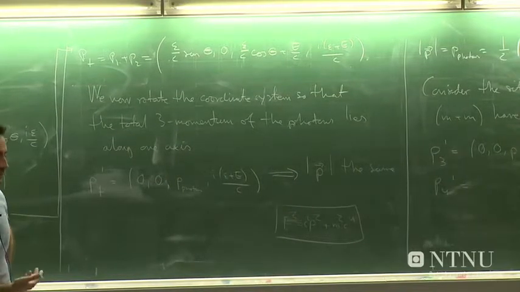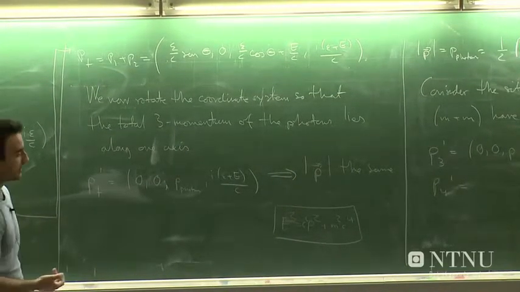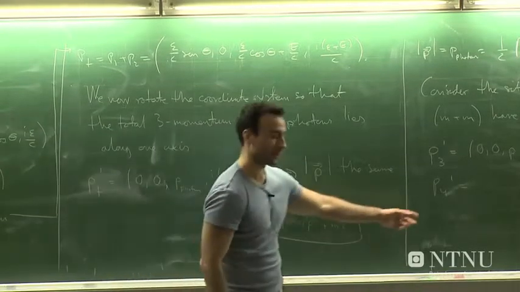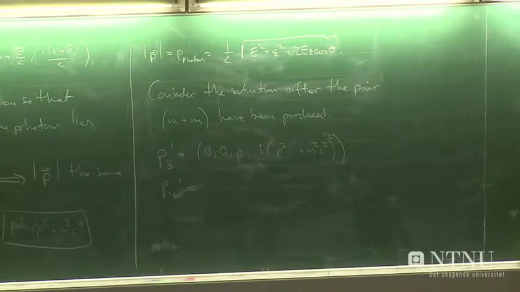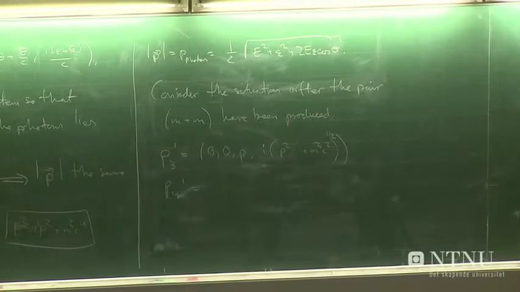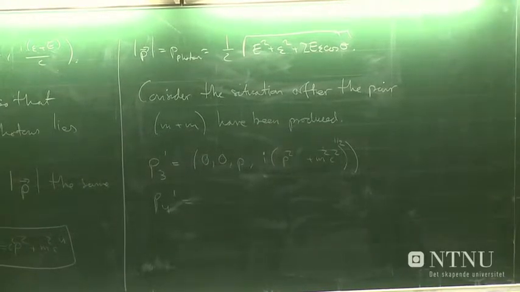So what's the 4 momentum of the second particle, described by P4 prime? So now we have to think back to the definition of threshold energy.